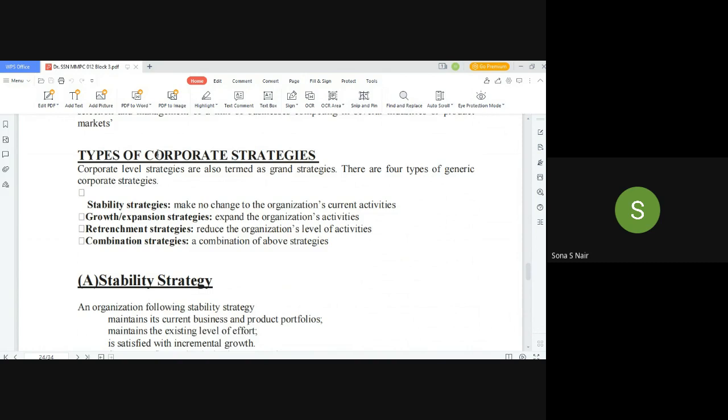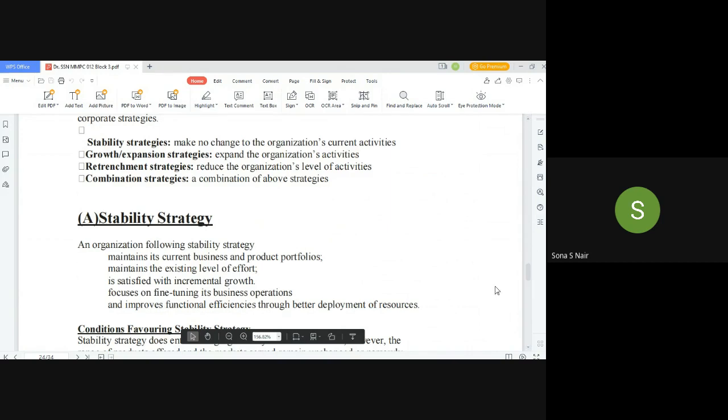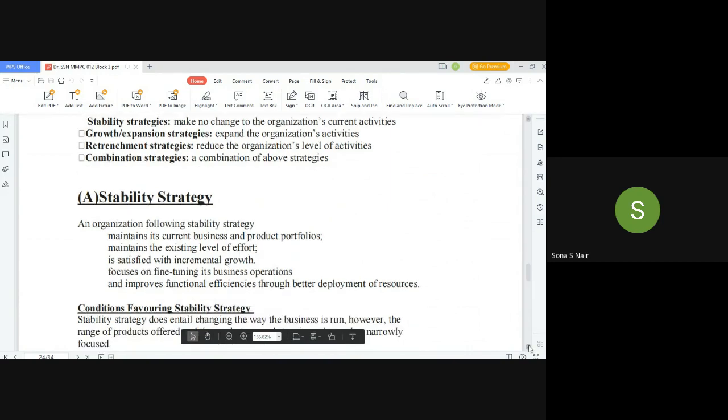So the type of corporate strategies that we have can be divided into four: stability strategies, growth or expansion strategies, retrenchment strategies, and combination strategies. Now, since we are going a little above time, I'll explain exactly what these strategies are, and then we can go ahead and discuss it.